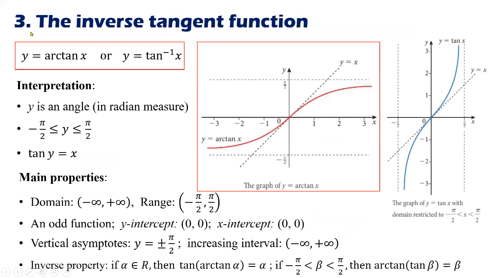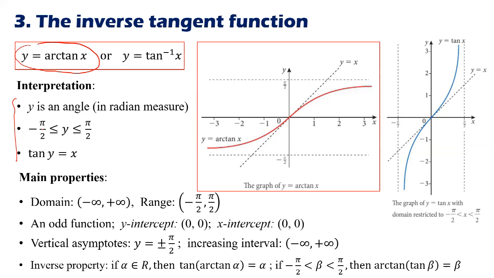All right, next let's have a look at the inverse tangent function. The inverse tangent function can be expressed as y equals arctangent x, or y equals inverse tangent x, okay? And it can be interpreted in the following aspects. So first of all, y is an angle, right? If you express y as arctangent x, y is an angle in radian measure.